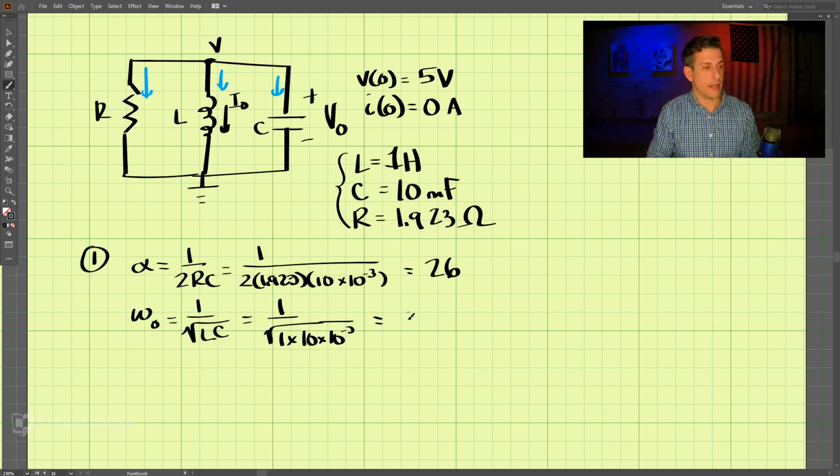And that is equal to 10. So we have the case where alpha is bigger than omega naught. And if you remember what we call this case, we call this case the overdamped case.